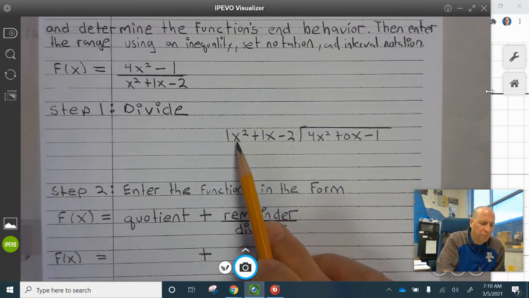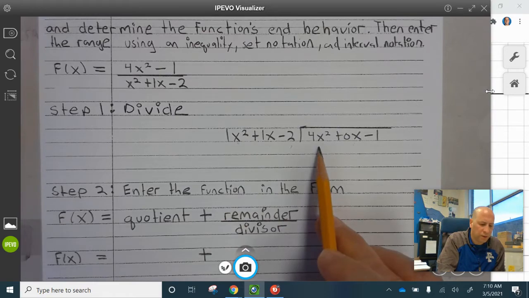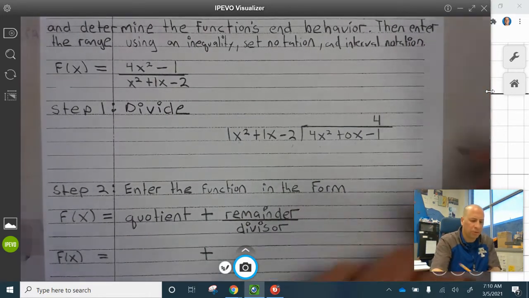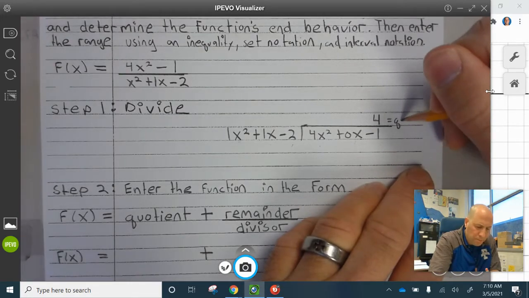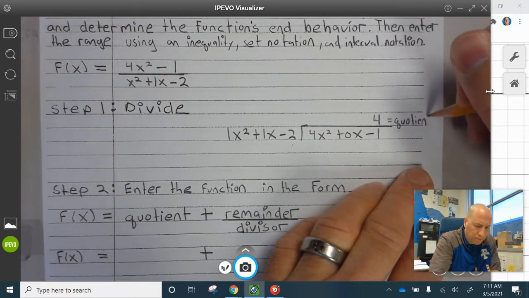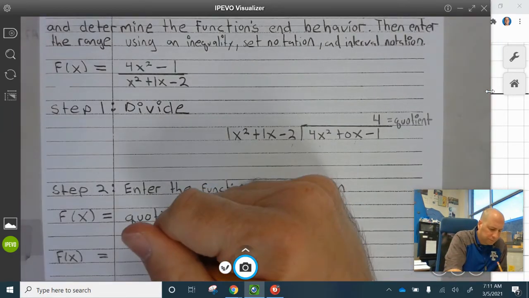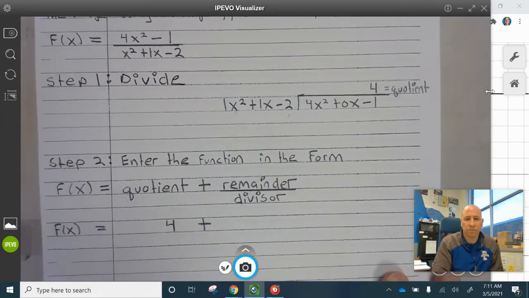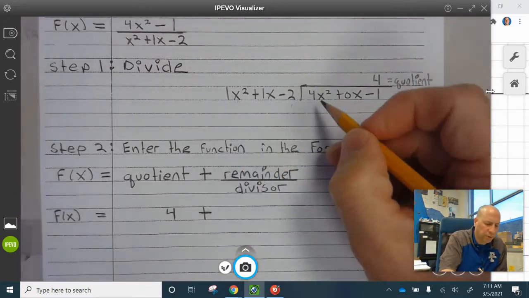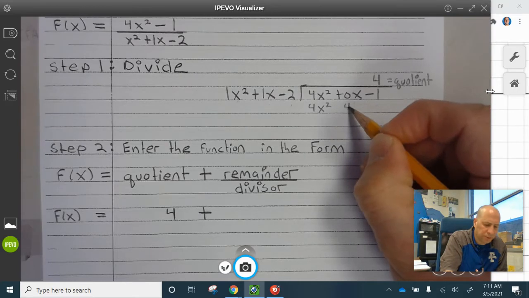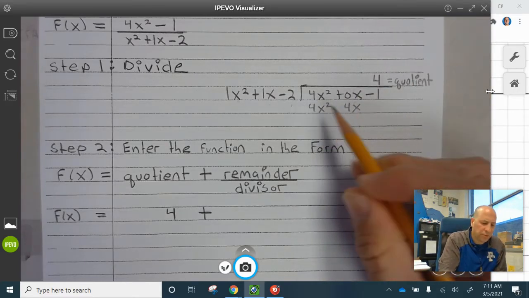Now you ask yourself, what do you multiply 1x squared by to give you 4x squared? The answer is 4, which is our quotient. Now we need to find our remainder. 4 times x squared is 4x squared. 4 times 1x is 4x. 4 times negative 2 is negative 8.